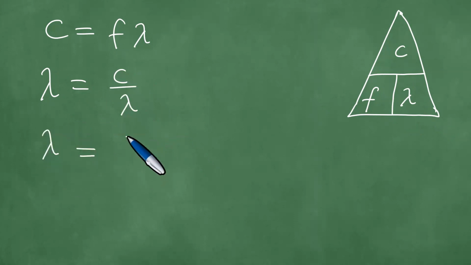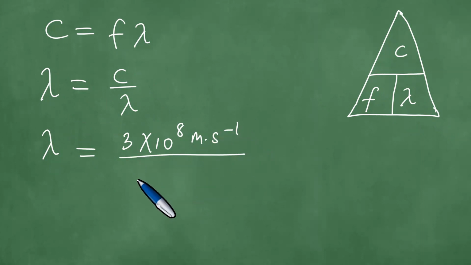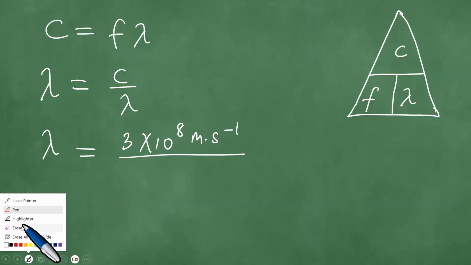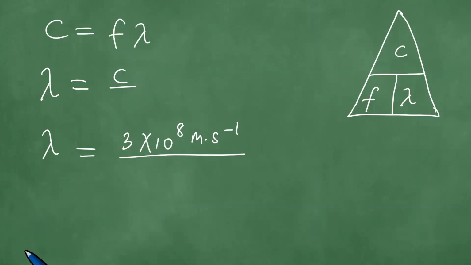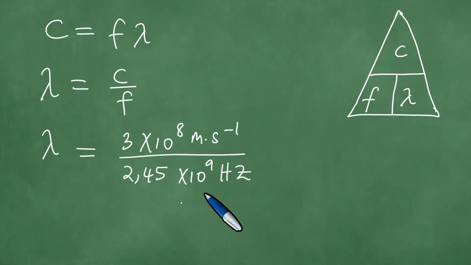So what is C? We said it's 3 times 10 to the 8th power meters per second. What is the frequency? 2.45 times 10 to the power 9. Well done. You are a superstar. 2.45 times 10 to the power 9 hertz for the gigahertz.